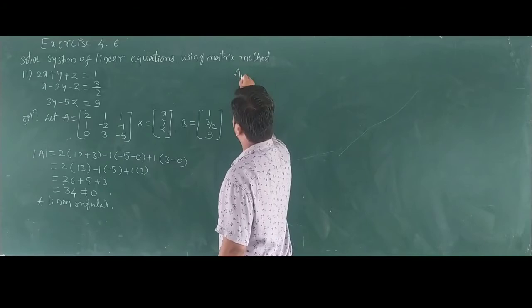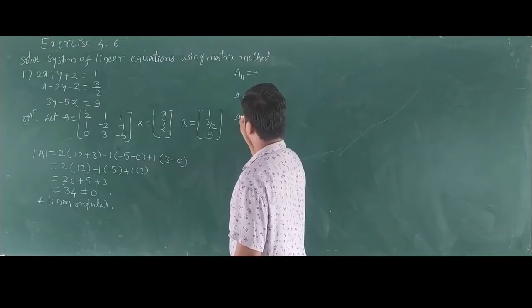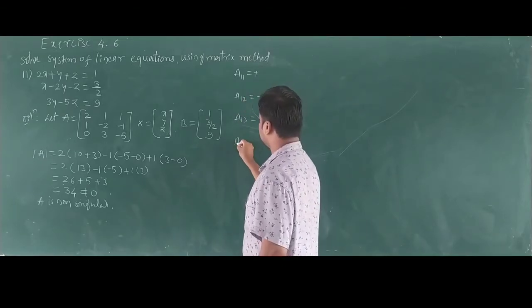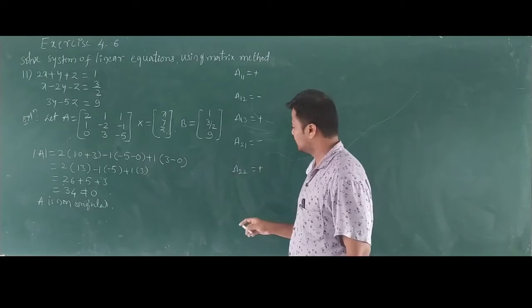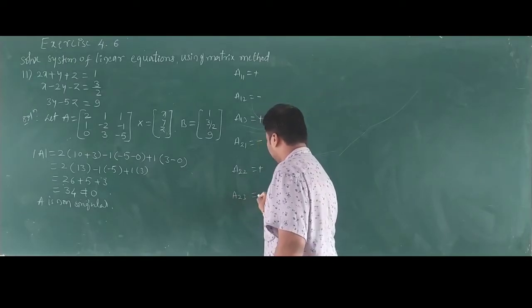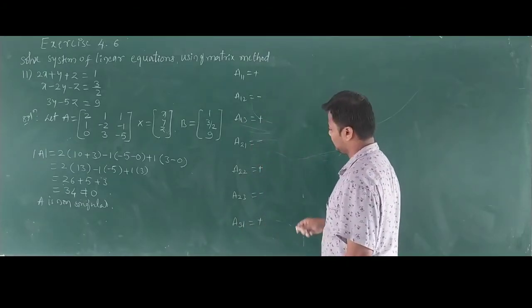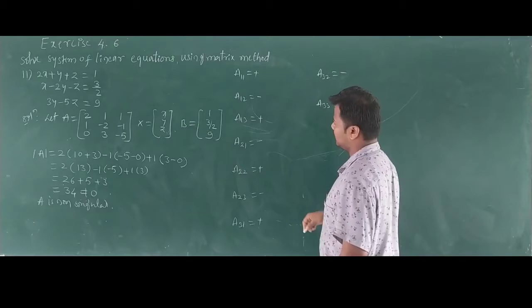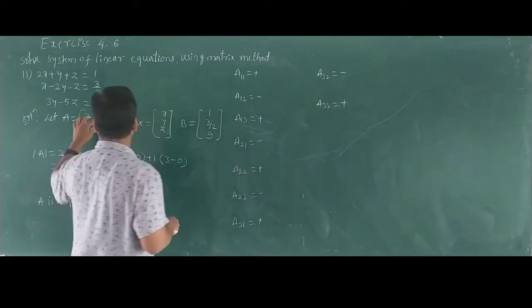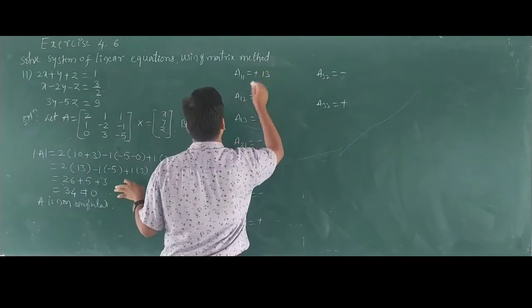Cofactors from A11 is plus, A12 is minus, A13 is again plus, A21 minus, A22 plus, A23 minus, A31 plus, A32 minus, A33 plus. Okay, make a note of this. The cofactor A11, see what it becomes: plus 10 plus 3. This is 13. Correct.